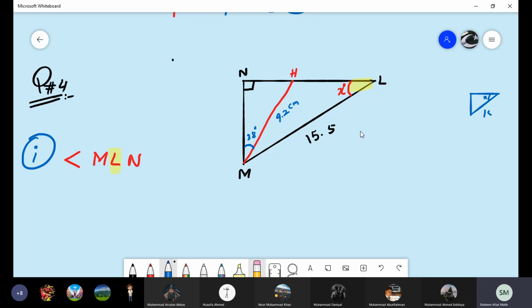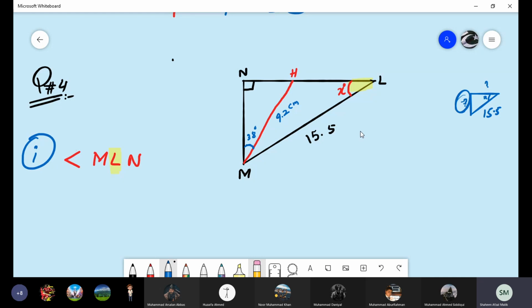Here is an angle. Only one side is given to you. Can you find out the missing angle with only one side? No, ma'am. We need at least one more side, maybe this one, or this one. It means we should have one more side, then only we can find out the missing angle.